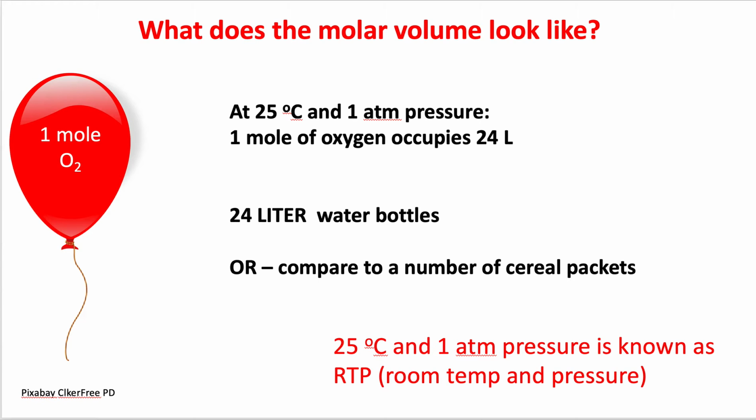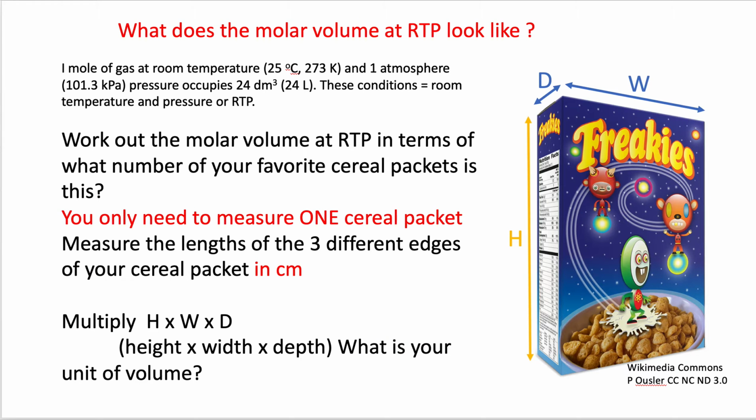And so let's compare the volume to some other box that you can relate to. Let's compare it to how many cereal boxes would make the 24 litres, the molar volume at RTP. And so you only need to measure 1 cereal packet, but you're going to measure the lengths of 3 different edges in centimetres.